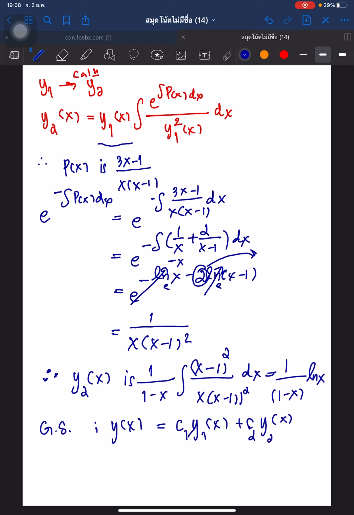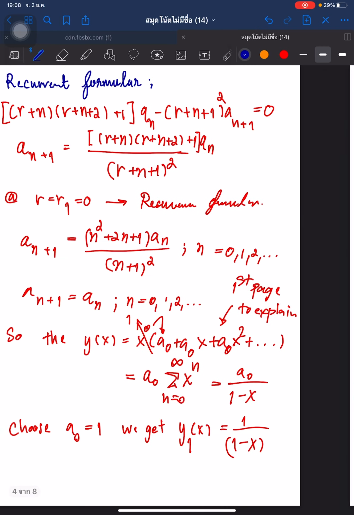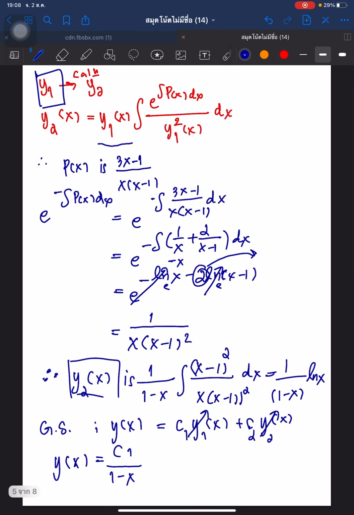With substitution of y1 and y2 from this, we get the general solution: c1 times 1 minus x from the y1, okay, plus c2 and the bracket log x is the general solution from Frobenius. Okay, thank you for your attention.